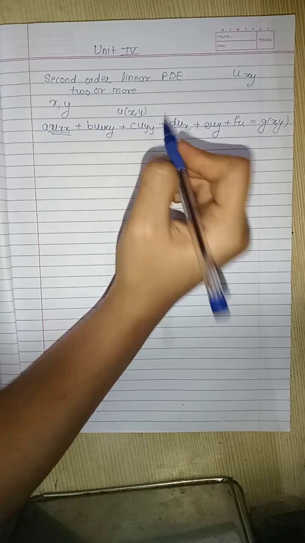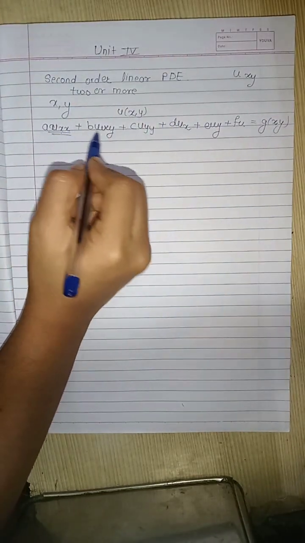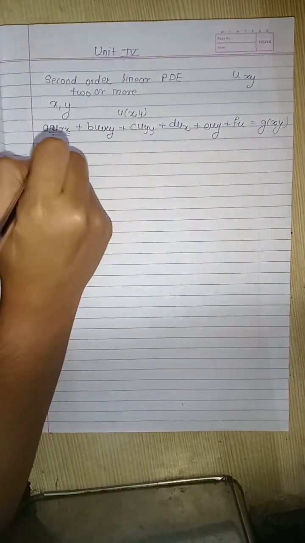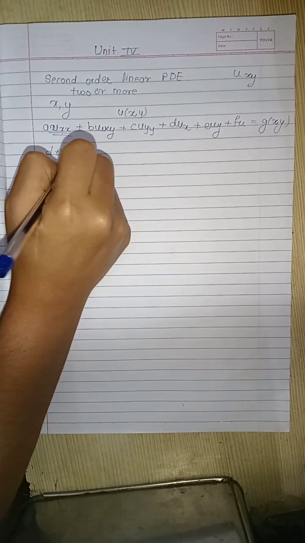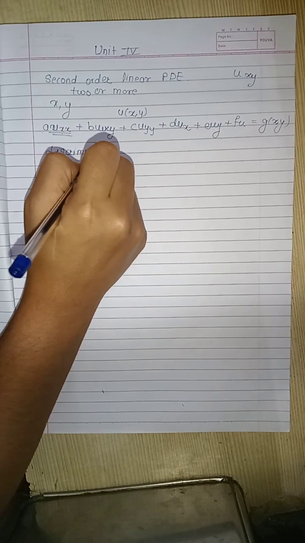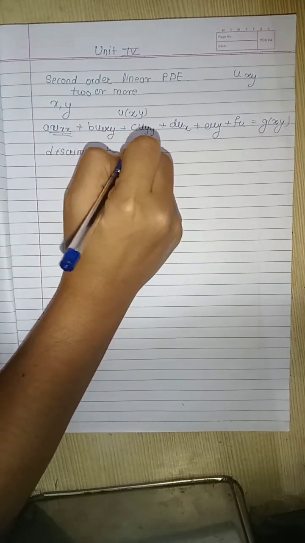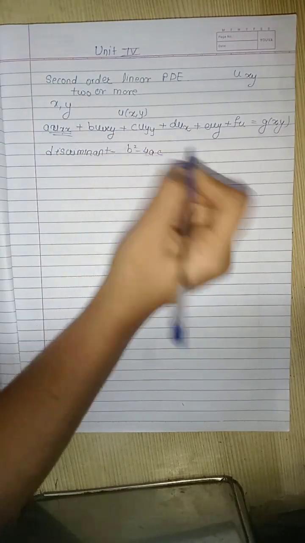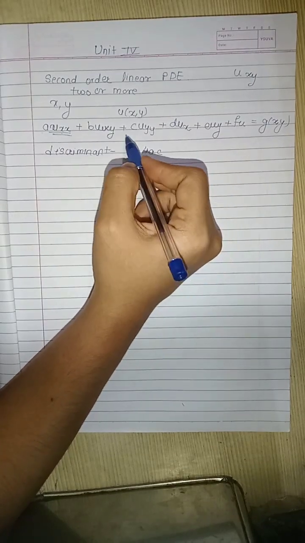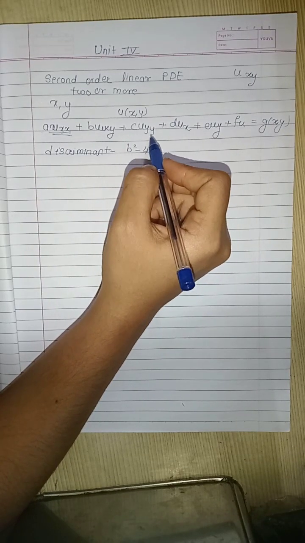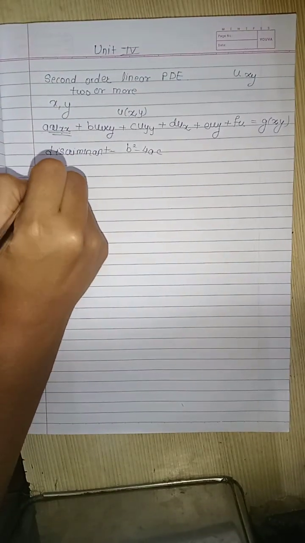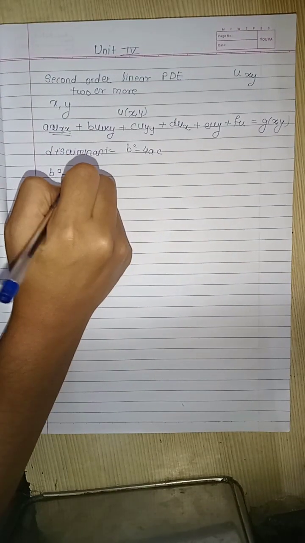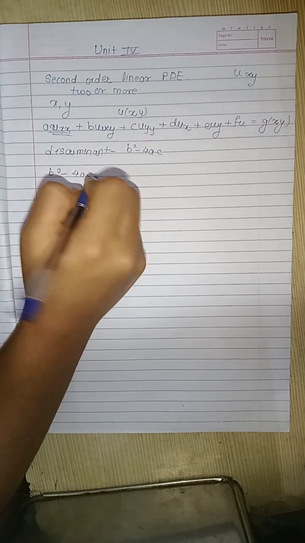So now if you see this a, b, c, we know that the discriminant is given by b square minus 4ac. Okay, so depending on the coefficients of the equation, you get the discriminant, and the value of the discriminant has three cases.